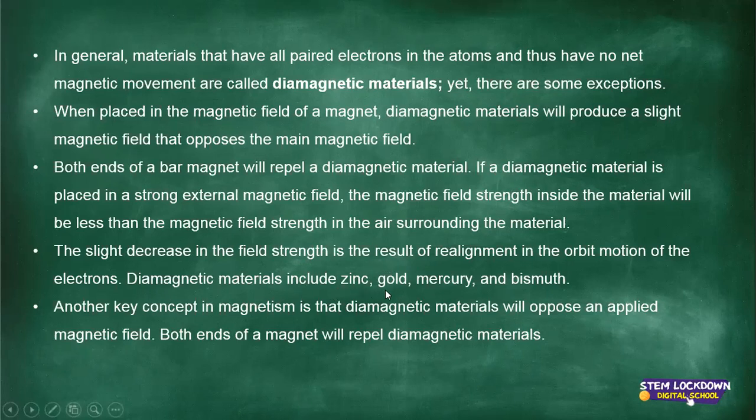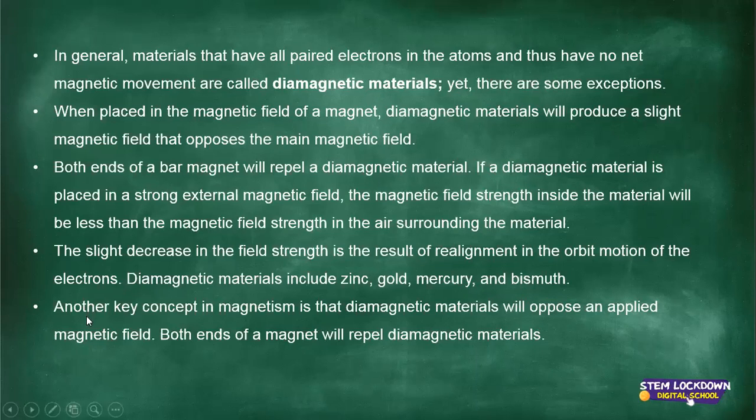Examples are zinc, gold, mercury, and bismuth. If in the test they ask you to give an example of a diamagnetic material, or give two examples, the easiest is to say either zinc or gold, or gold or mercury. Bismuth will be a little bit difficult to remember, but if you do remember it, then that's very good.